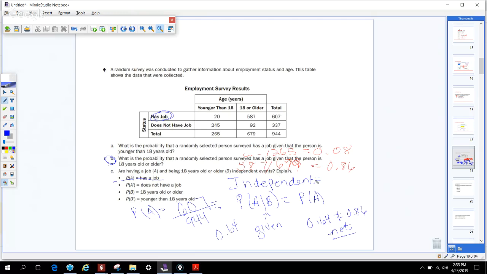We got this number because 607 people have a job and there are 944 people altogether, so that gave us 0.64. In order for something to be independent, both of these things have to be equal. Because 0.86 doesn't equal 0.64, this is not independent.